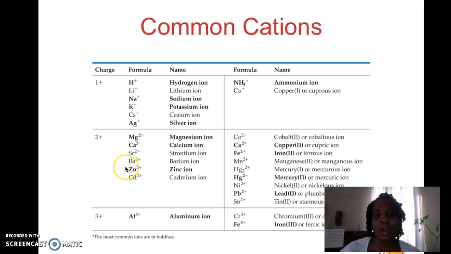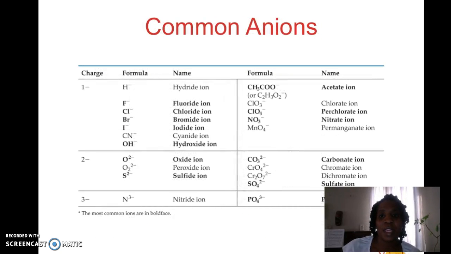Zinc ion only carries a +2 charge. These ions that are in bold are the ones that you'll see most commonly, and so you want to be familiar with those.